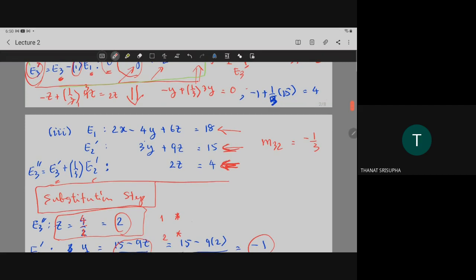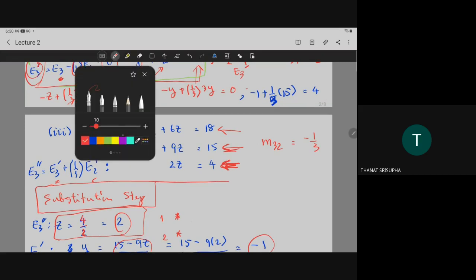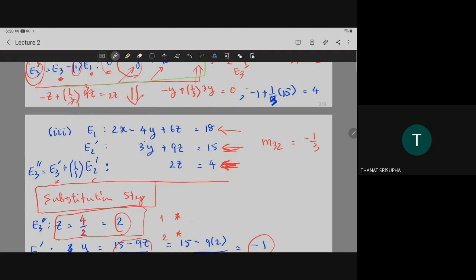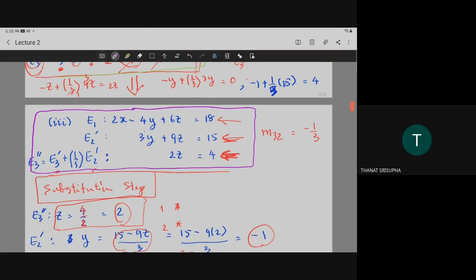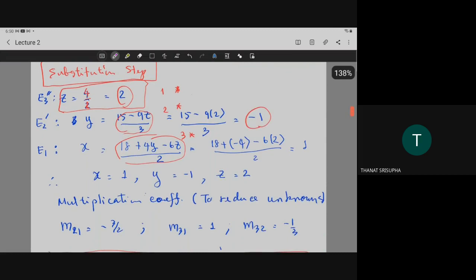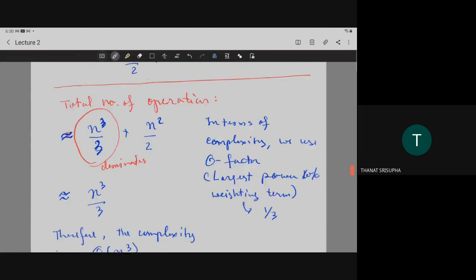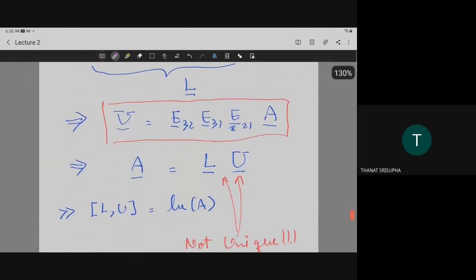And at this step, we transform the original equations into these equations. So we can write the equation in terms of L and U like this.